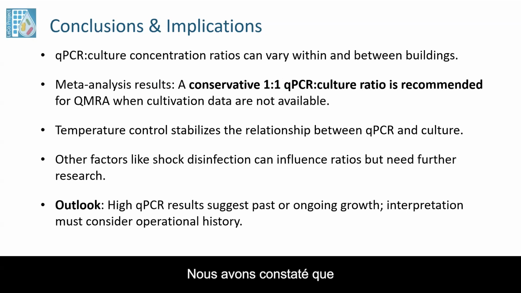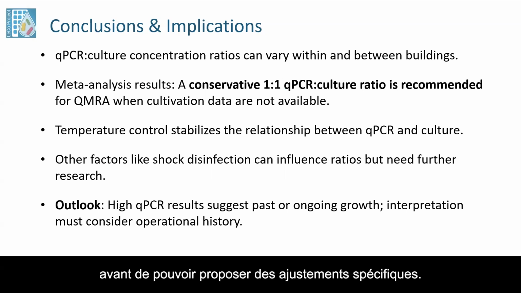We found that tight temperature control stabilized the relationship between qPCR and culture-based measurements, supporting the importance of good operational management. Other influences, such as shock disinfection events, can also affect this relationship, but further standardized research is needed before specific adjustments can be recommended.